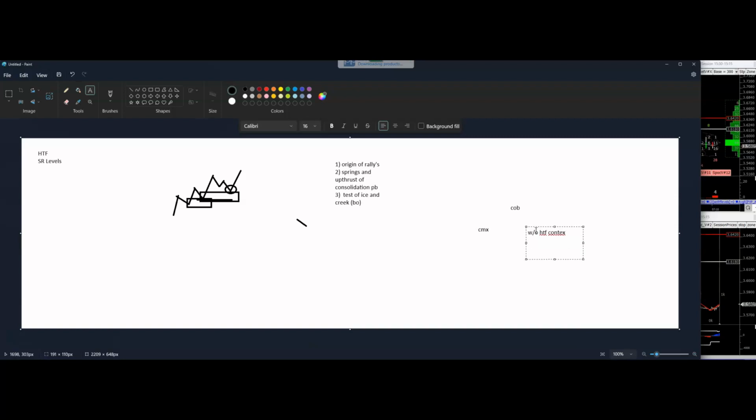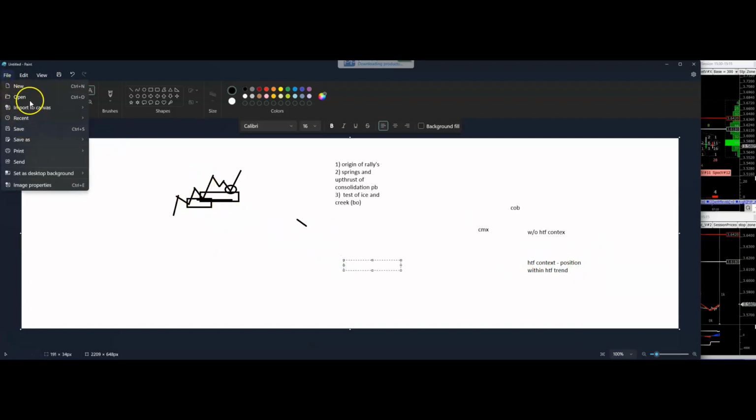Higher time frame context, what is it? Higher time frame context is position, and high time frame trend. So this is what you need to know first and foremost, and then draw whatever. All right, so now I'm going to get to the second part.